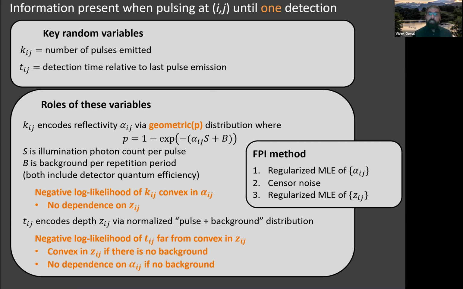Notice that we're exploiting the tractability of convex optimization by massaging the problem into using convex optimizations. The reflectivity part is no problem, but for the depth part, we need to censor to make believe there's no background, and we approximate the pulse shape so that its negative log is convex.